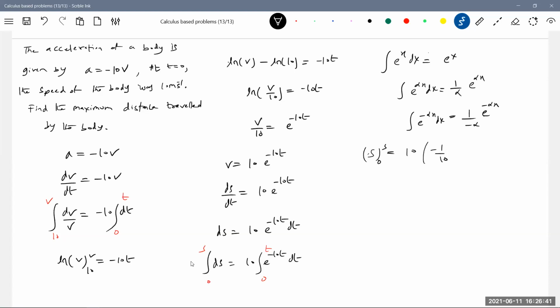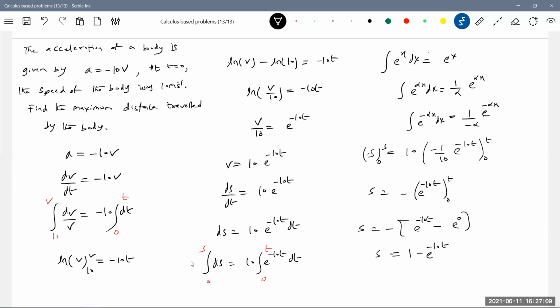So this will be minus 1 by 10 e to the power of minus 10t, with limits 0 to t. So s is equal to minus of, we substitute the limits: e to the power of minus 10t minus e to the power of 0, e to the power of 0 multiplied with anything will be e to the power of 0 only. So this will become 1 minus e to the power of minus 10t.